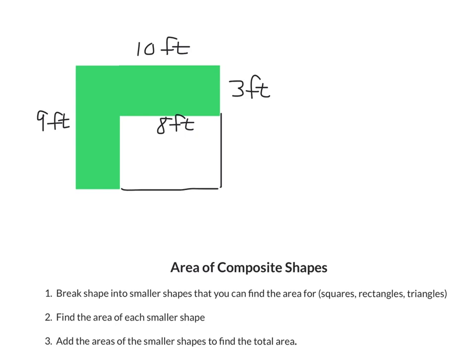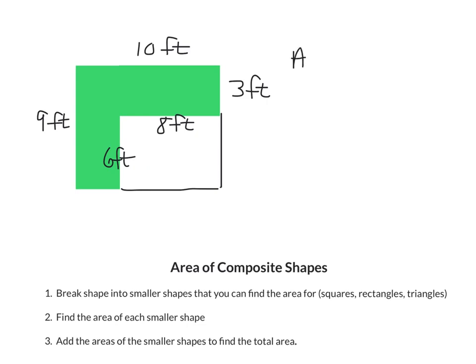Now I have a full rectangle that is 9 by 10, and I have a smaller rectangle that is 8 feet by, I think we calculated that to be 6 feet in the previous example. I have a smaller rectangle that is 8 feet by 6 feet, and if I take the big one, I can subtract out the smaller, and I should still get the same area. So let's give that a try.